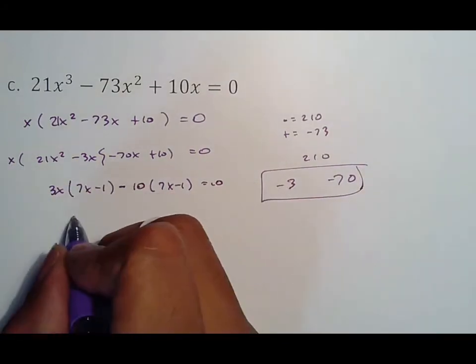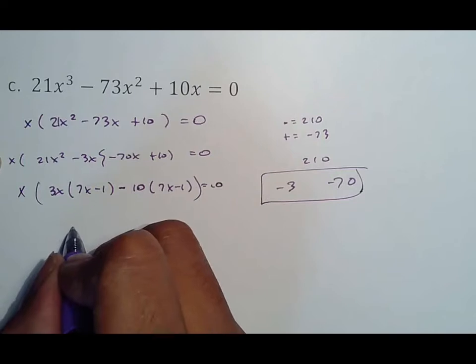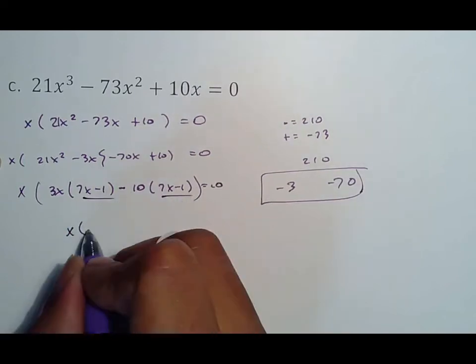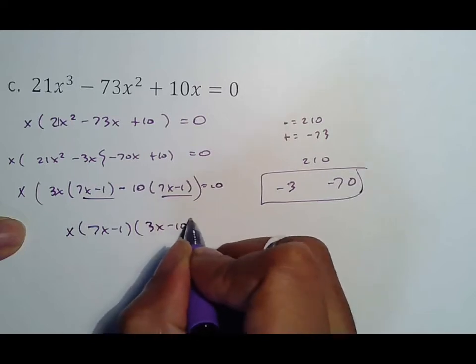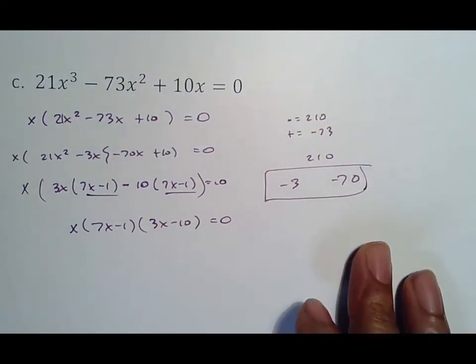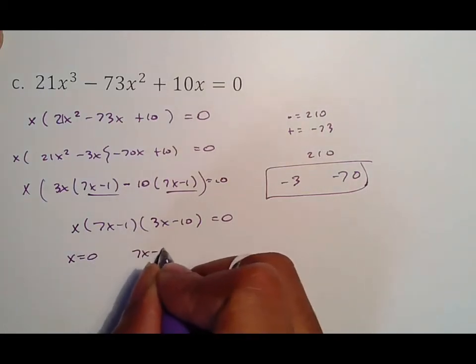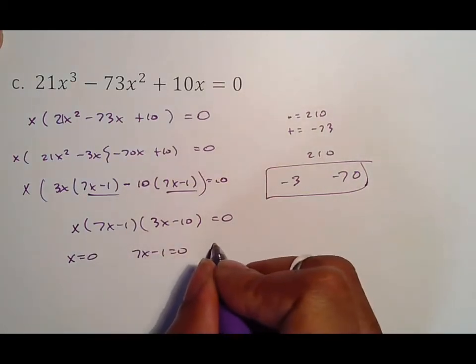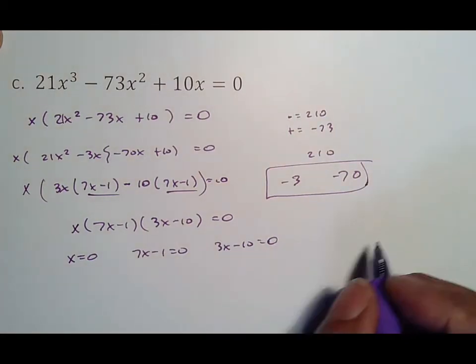And so the ending part should be x, which is still here, times 7x minus 1 times 3x minus 10 equals 0, which means in the end you have x equals 0, you have 7x minus 1 equals 0, you have 3x minus 10 equals 0.